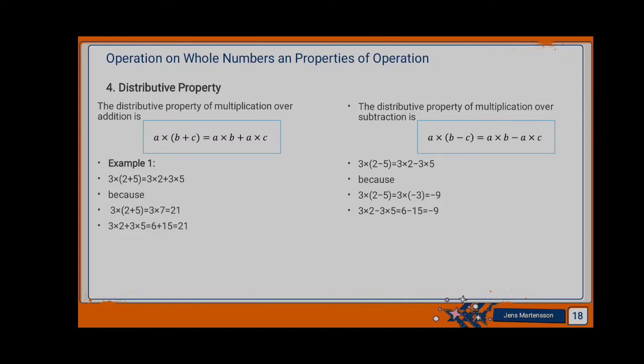Example 2: 3 times (2 minus 5) is 3 times 2 minus 3 times 5, because 3 times (2 minus 5) is 3 times minus 3, which is minus 9, and 3 times 2 minus 3 times 5 is 6 minus 15, which is minus 9, or negative 9.